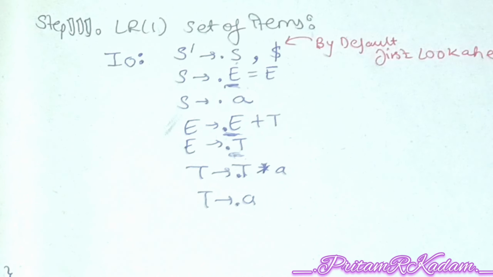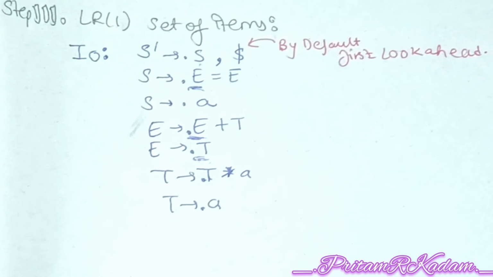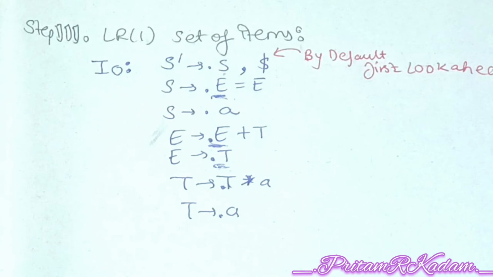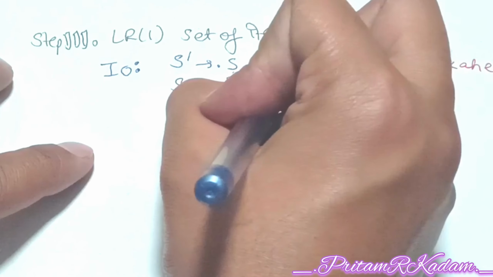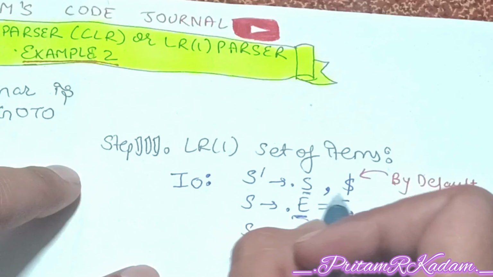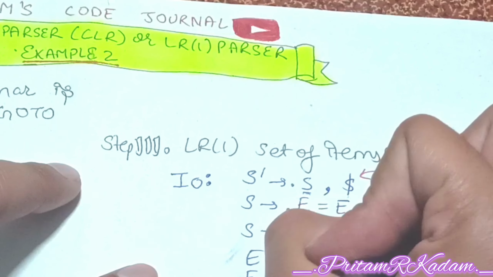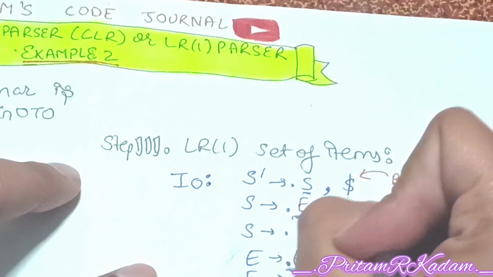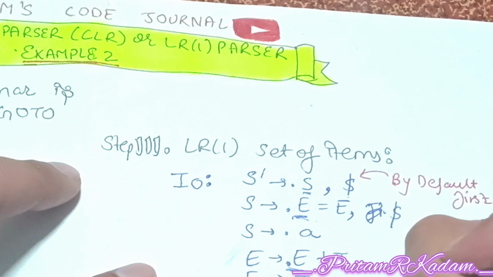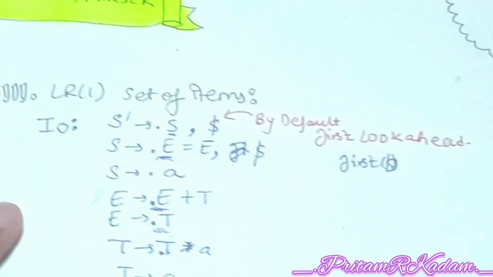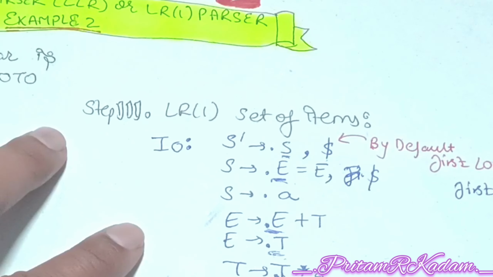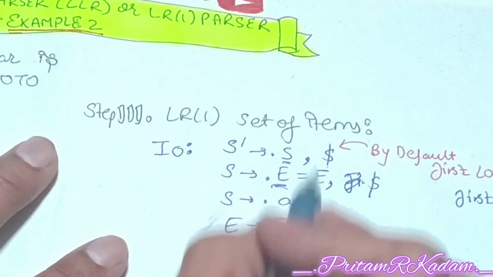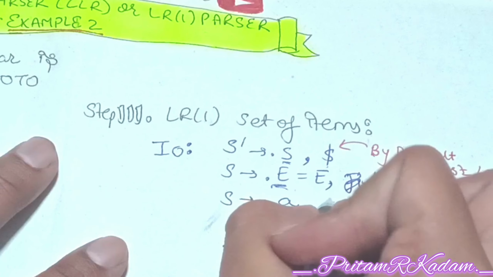Now we got the next two productions because of the dot S, and we have the next element after S as dollar. So we write the first of dollar in the look ahead of the S production, which is dollar only. And in the next also we have to write the dollar only.